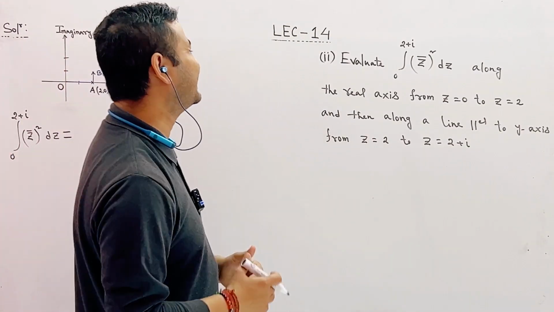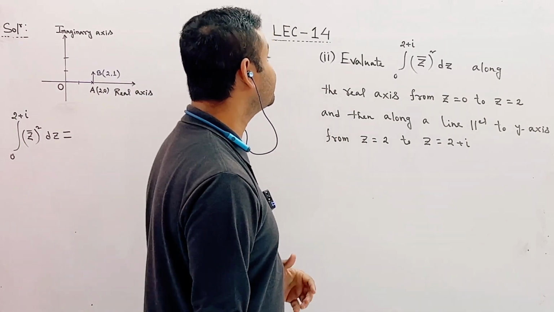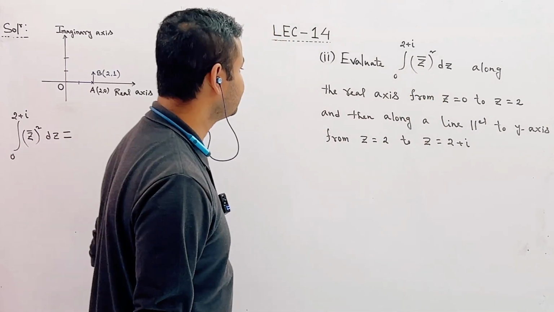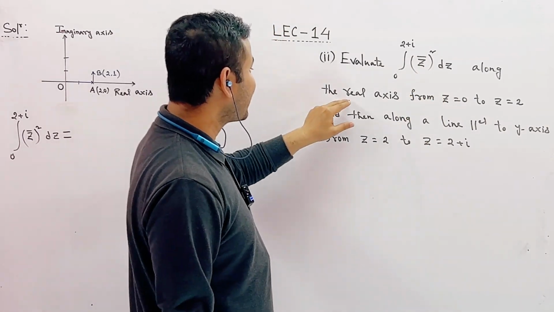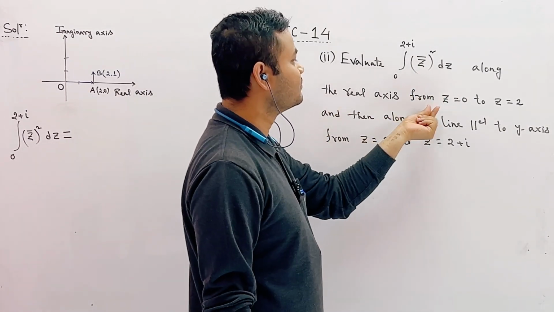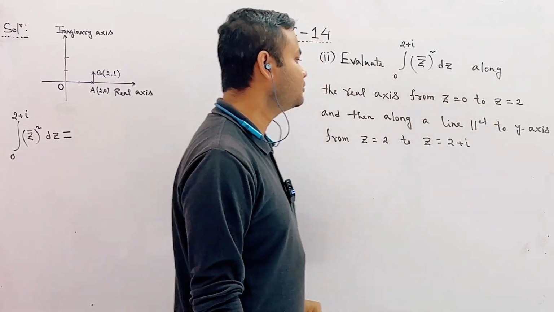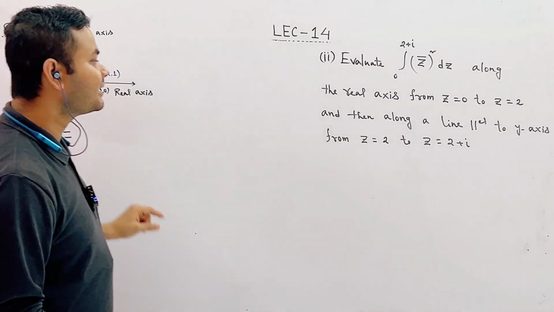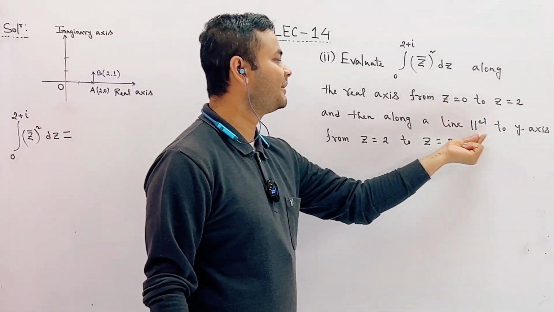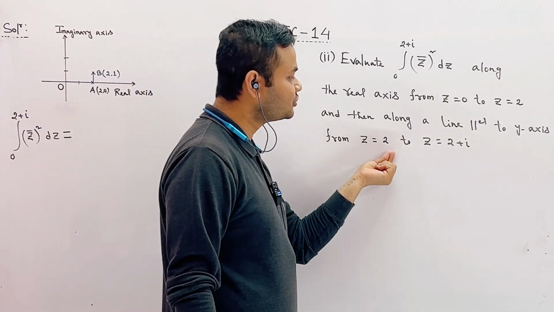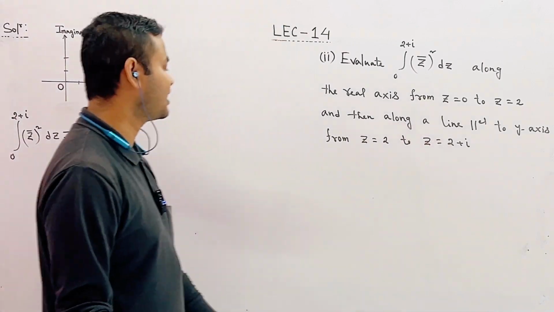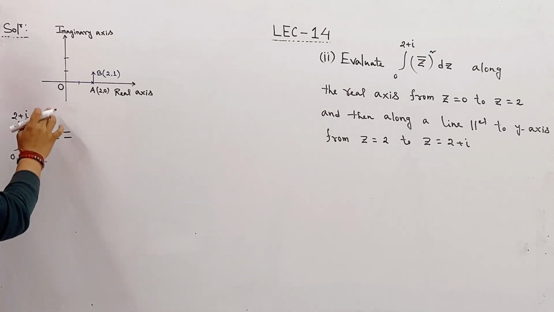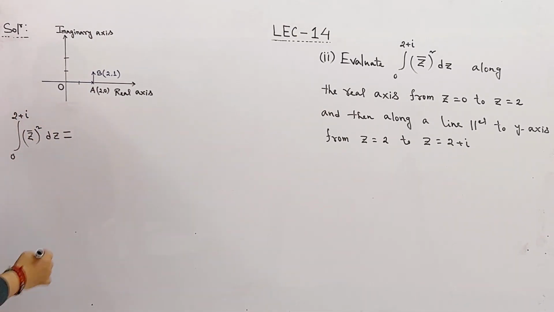Now let us solve this second problem. According to this problem, we have to evaluate this integral along two paths. First part is along the real axis from z equal to 0 to z equal to 2, that means from O to A. And the second part is along a line parallel to the y axis from z equal to 2 to z equal to 2 plus iota, that means from A to B. Now let us split this integral into two parts.